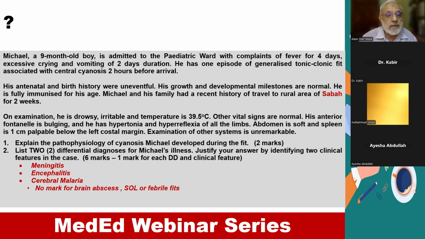Here is an example: we say that this is the differential diagnosis, but if a student writes brain abscess or space occupying lesion or febrile fits, they should not be given any marks, because these conditions are completely out from the scenario provided.